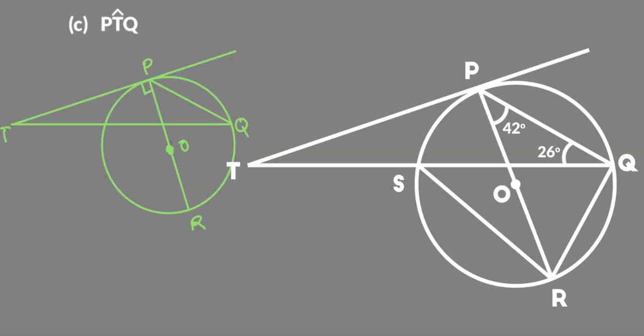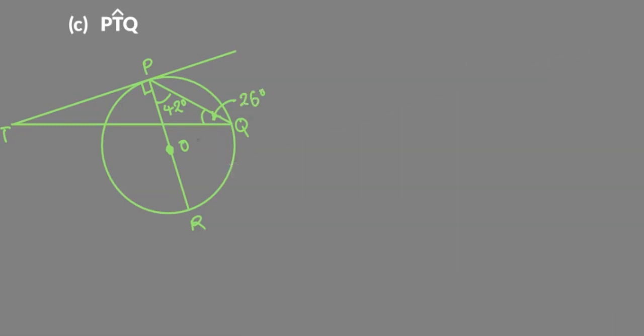PR is passing through the center, so it's the normal. TP is a tangent, and we know that the angle between the tangent and the normal is 90 degrees. We've been given 42 degrees, the angle QPR. We've been given a 26 here. And we've been asked to find the angle PTQ, which is the angle here.